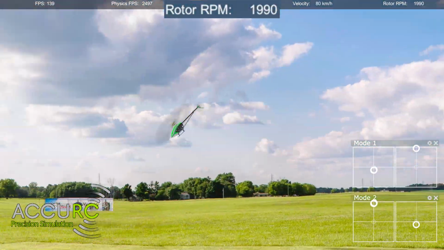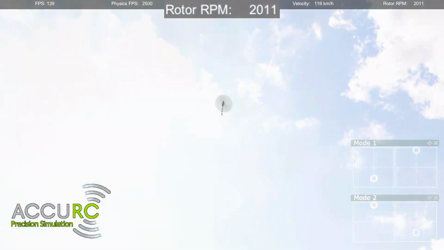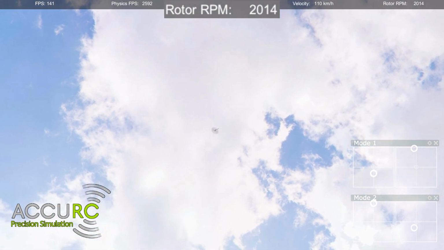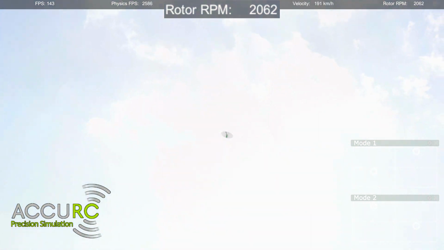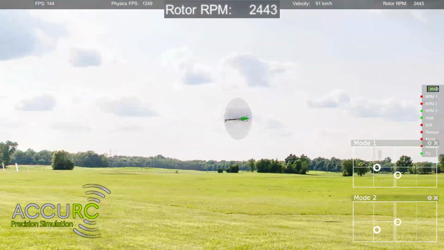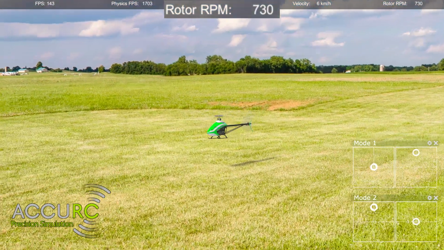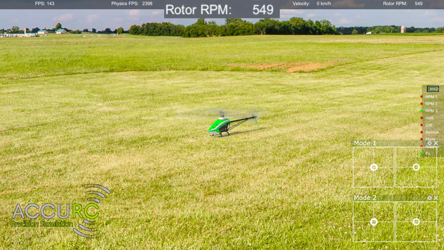You can even, if you manage to build enough RPM, do a tick-tocking auto. For example, you come in, you always come in fast with these. Build RPM, do a bunch of tick-tocks, flare it again while braking, and land.